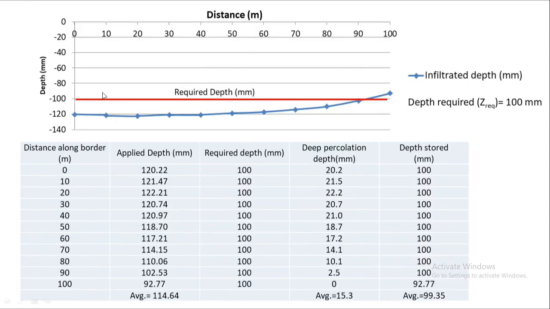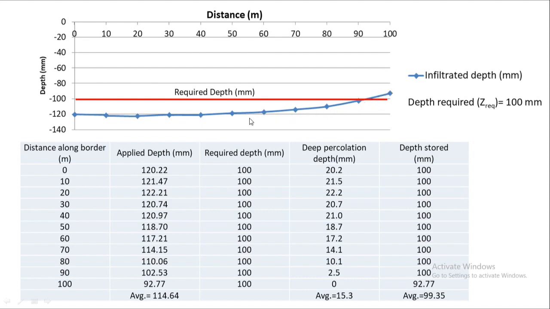Now, as mentioned in the problem, the required depth is 100 millimeters, and this is our infiltrated depth. It's around 120 mm here, and here it is less than 100 millimeters.